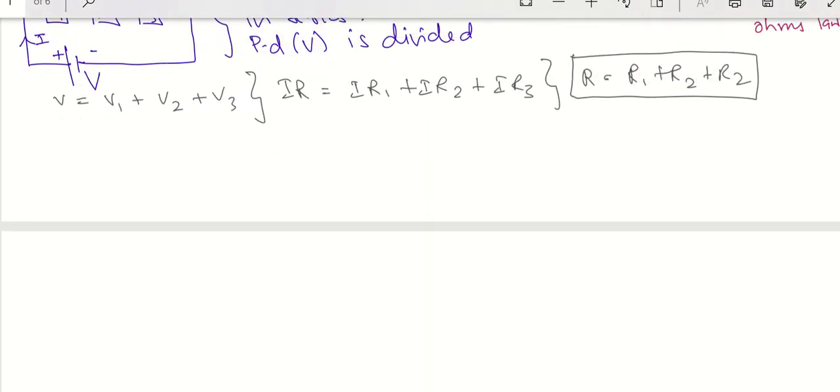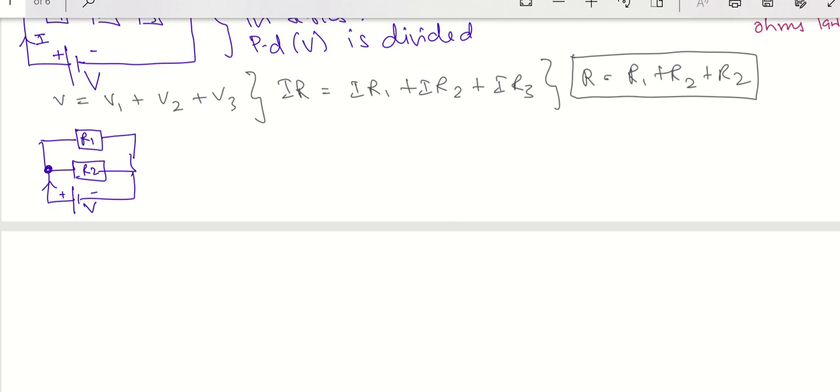Okay. Now coming to parallel connection. In parallel what are you going to have? You are going to have like this, and then you will have another one like this maybe, right? And then you are going to have the voltage source like this, which is V. And then you have your R1, you have your R2, and then again positive, negative, and the current flows here.